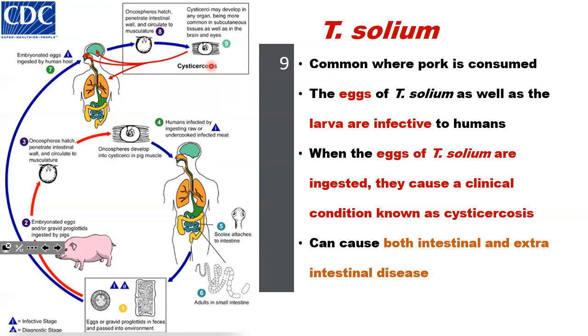The only way, if we are discussing T. solium, which can cause extra intestinal infection, the only way the infection can pass on to another human is if you feed on the flesh of the infected individual. For the intestinal, you need the intermediate host for the larva stage to develop.